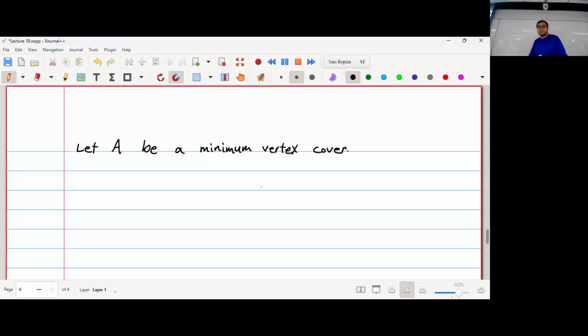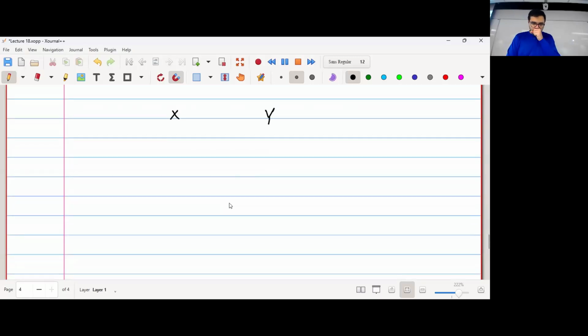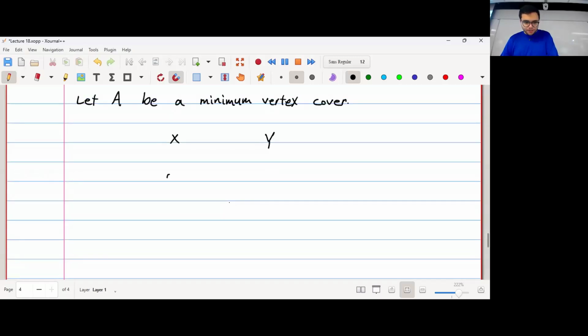Now, as usual, my graph is bipartite, so I'm going to consider two sides, X and Y. I have some vertices here in X. I have some vertices here in Y. And then I have my set A, which is a minimum vertex cover. So every vertex in X is either in A or not in A, right?